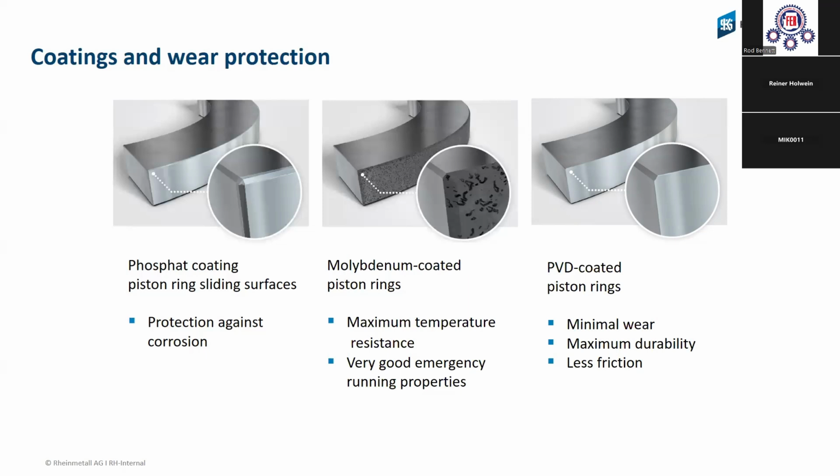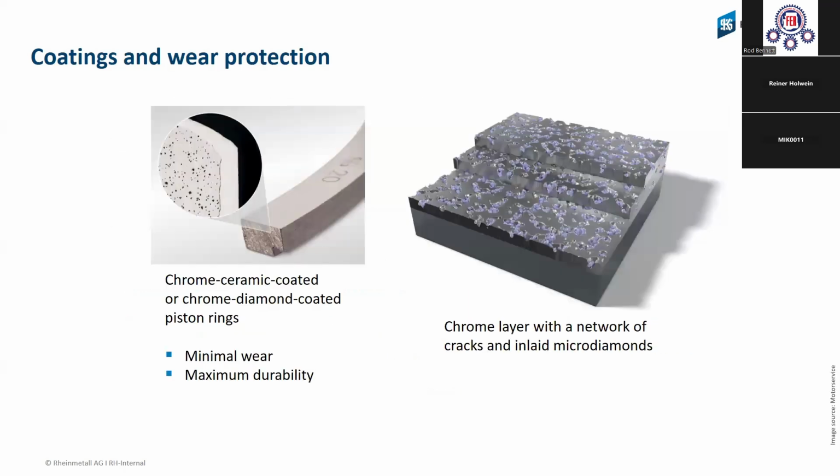Because everybody speaks about minimal wear, less friction. And for less friction, we need the PVD coating, the chrome ceramic coating, or the diamond coated. But this kind of ring is the most expensive ring. But it's very good.